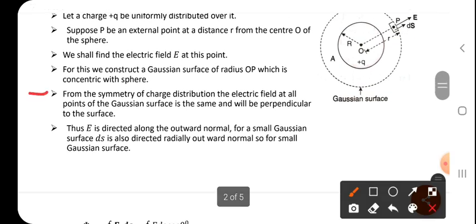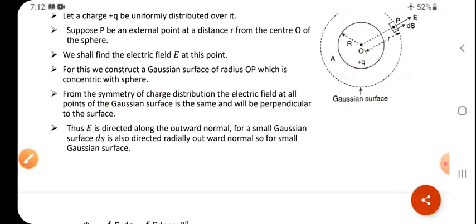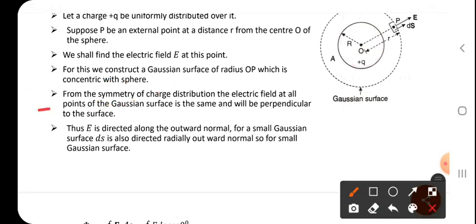From the symmetry of the charge distribution, symmetry means uniform, the same, right? From the symmetry of the charge distribution, the electric field at all points of the Gaussian surface is the same and will be perpendicular to the surface.